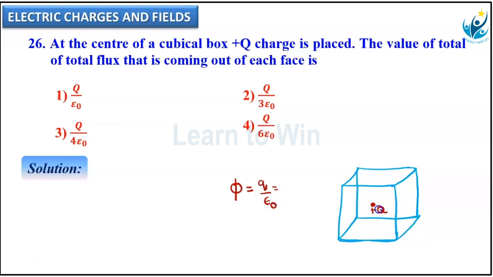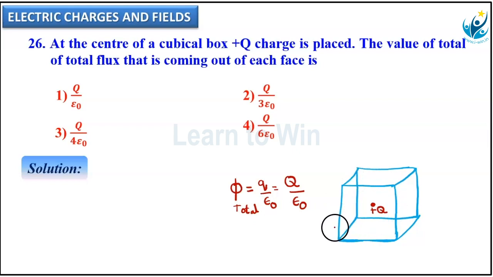What is this Q? Plus capital Q. That means total flux is Q by epsilon naught. This Q by epsilon naught flux is the total flux through this cube.